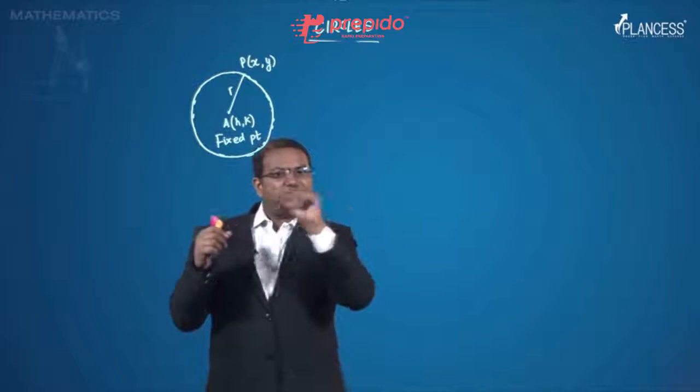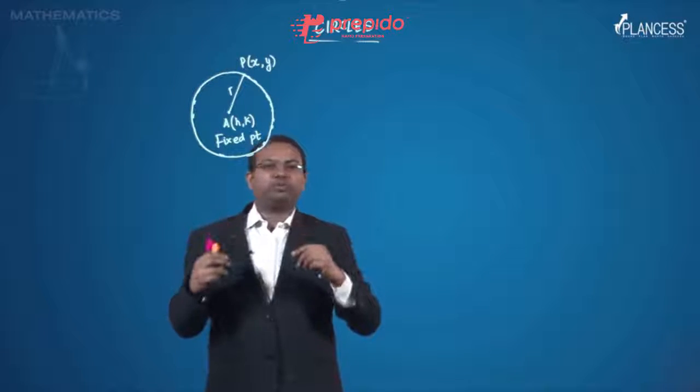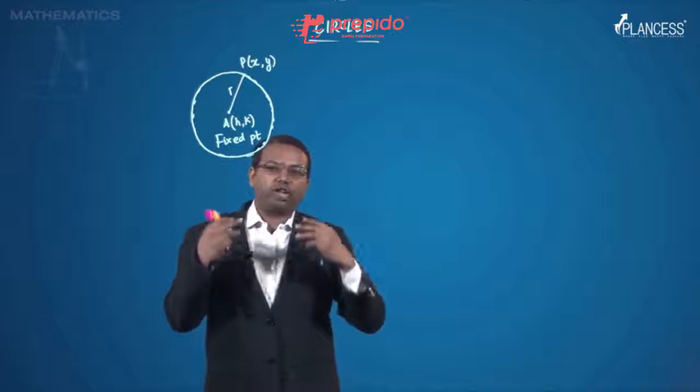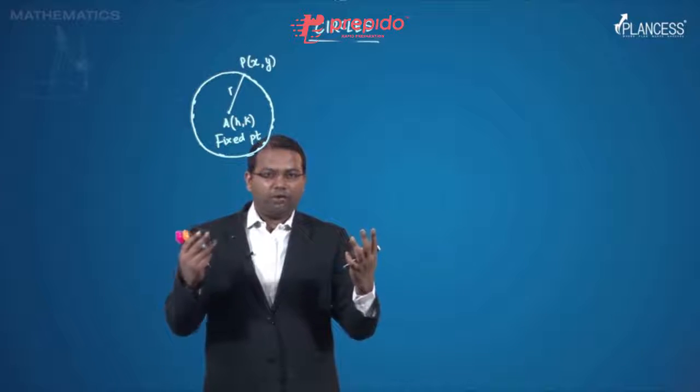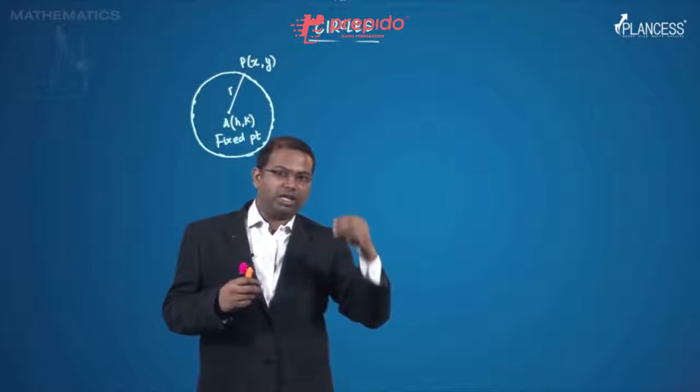We need fixed points, and if you want to do those things, either we can do those by calculations or you would require geometry for finding out the length of the tangents or the length of the chords at a particular distance.